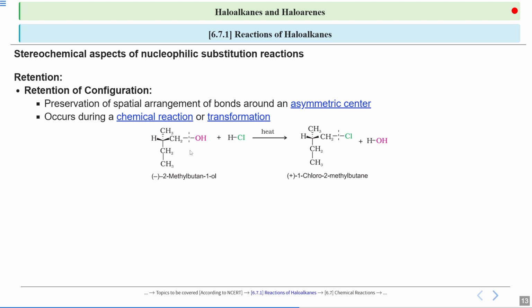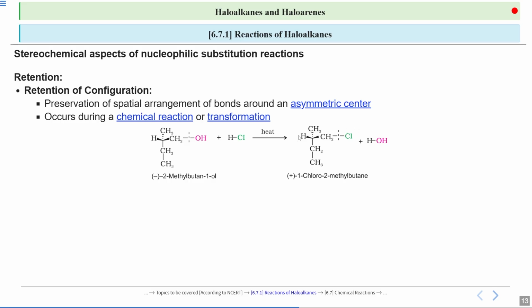So this is having an asymmetric center, which is the second carbon, at which the methyl group is present. The reaction is happening of this alcohol with hydrogen chloride. So what will happen? This halogen is going to replace the hydroxyl group present in this alcohol and give you an alkyl halide.